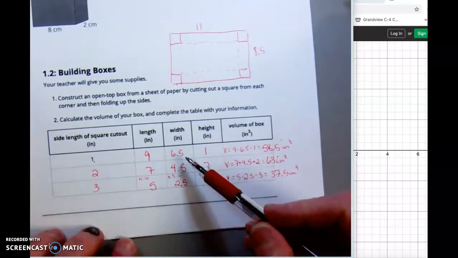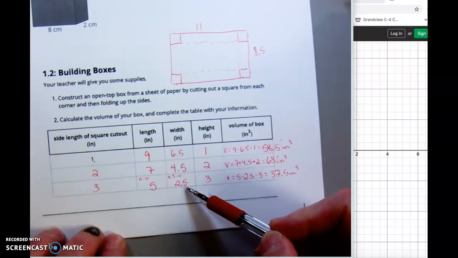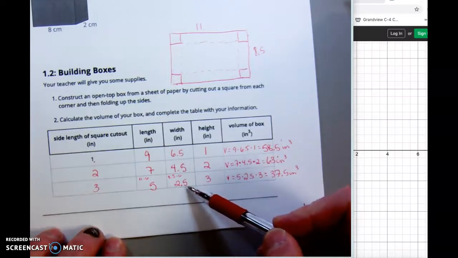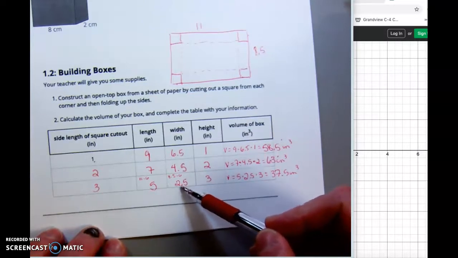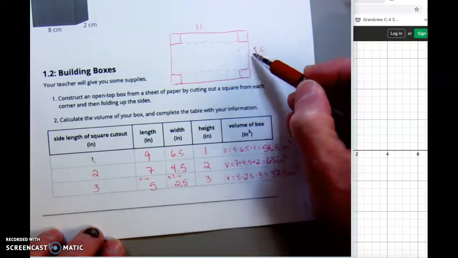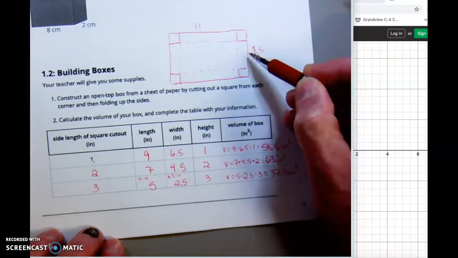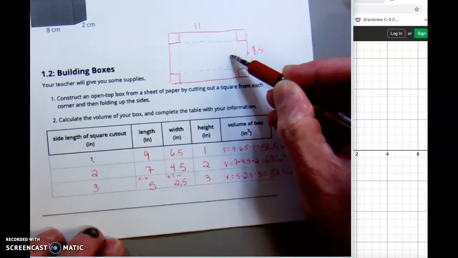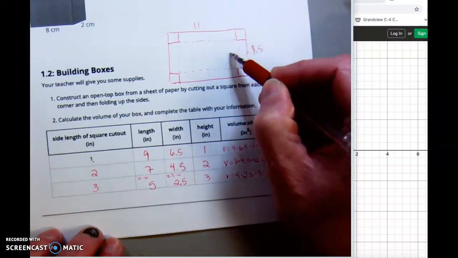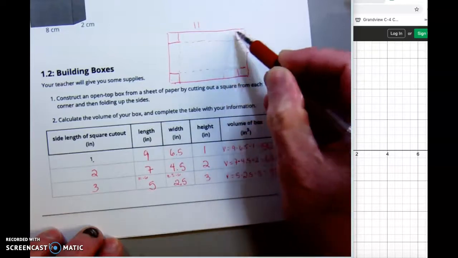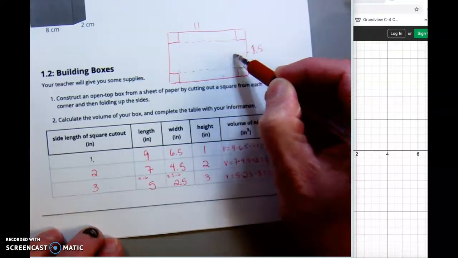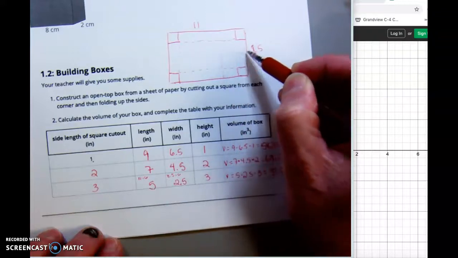Now, you'll notice the width of our box is getting smaller and smaller. So I'm thinking, is there a point at which this would quit being a box? Meaning the width would turn into 0 or go negative. I think the reality is if we folded that paper exactly in half, if we cut right down the middle here and take out this big old box, there's nothing left in the center to be the width of the box.